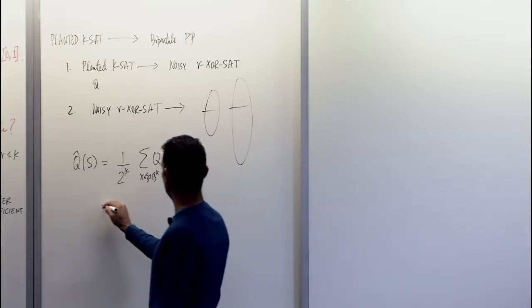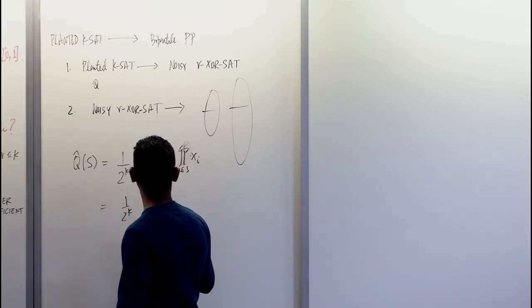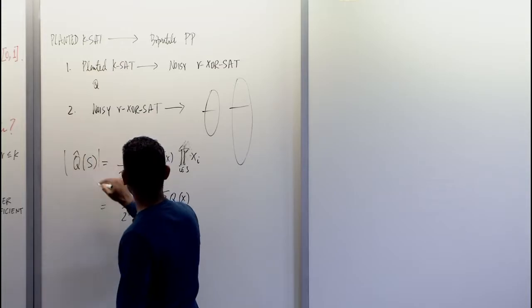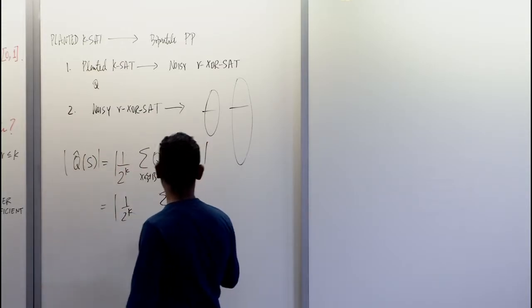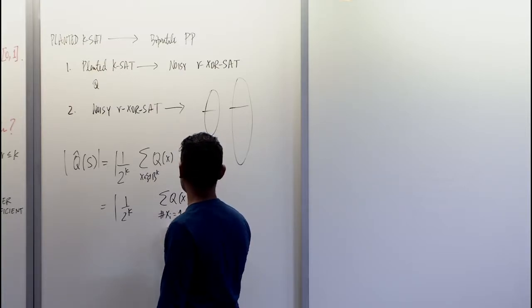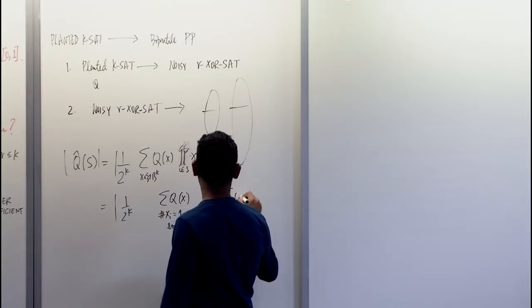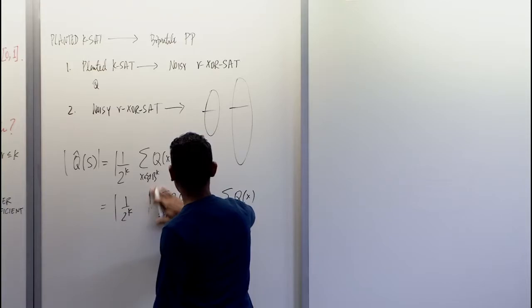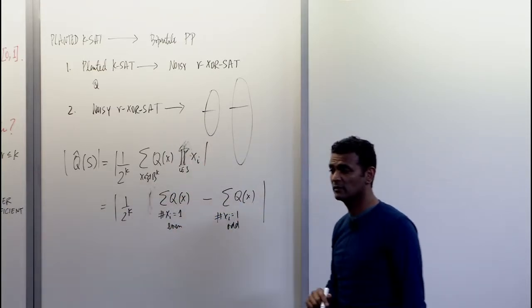So this is exactly the sum of Q of x, where the number of xi's equal to 1 is even, minus the number of xi's equal to 1 is odd, because that's the only thing that changes the sign.